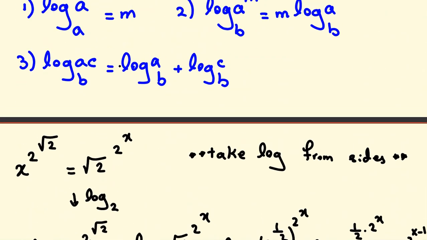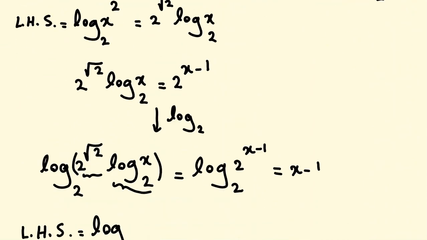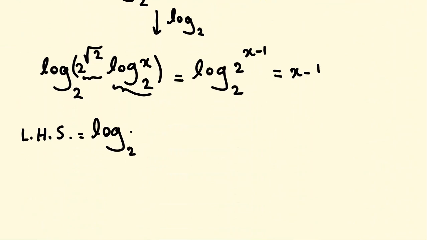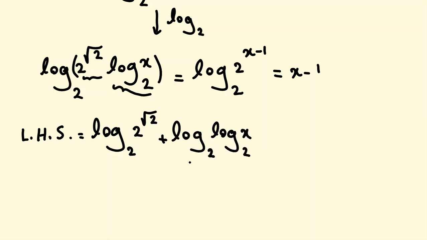And we said when we have a product, log of A times C in base B is log A in base B plus log C in base B. Now if I apply the third rule here, it will be log base 2 of root 2 plus log base 2 of x.